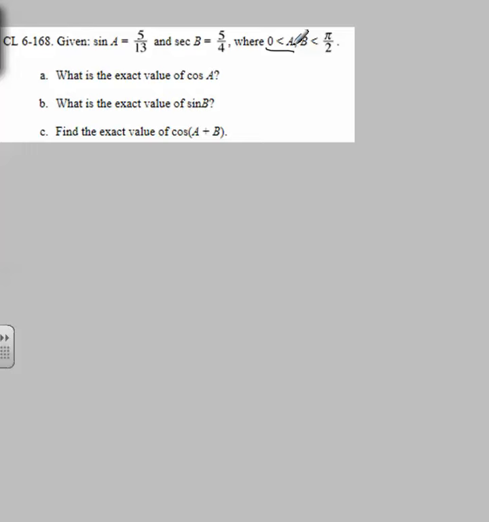So I'm going to sketch my triangle oriented as if it were in quadrant 1 and label this angle A. If the sine is 5/13, that means opposite over hypotenuse, 5 and 13. This is a Pythagorean triple. So by Pythagorean theorem, or just knowing that, this is a length 12.